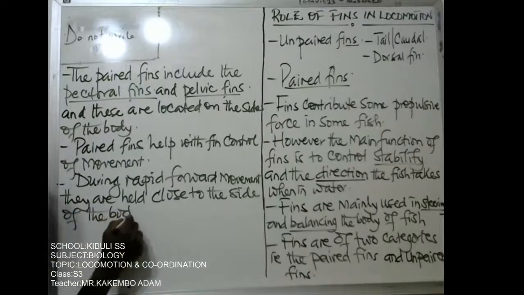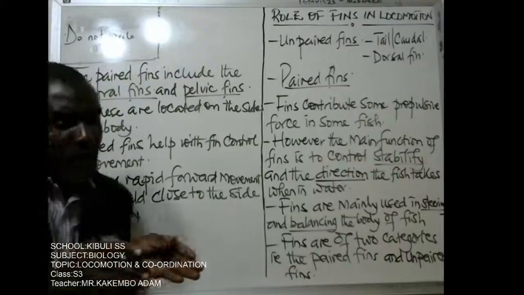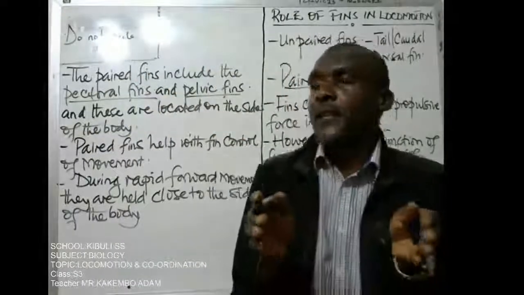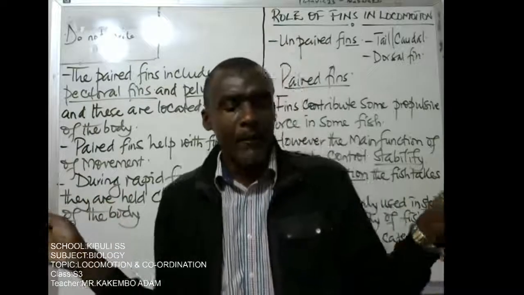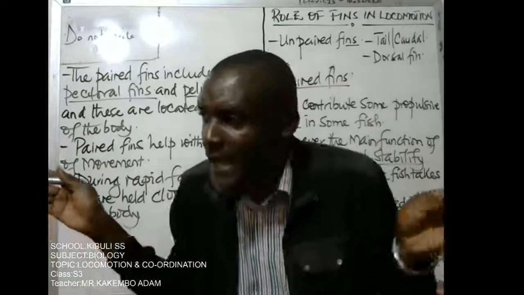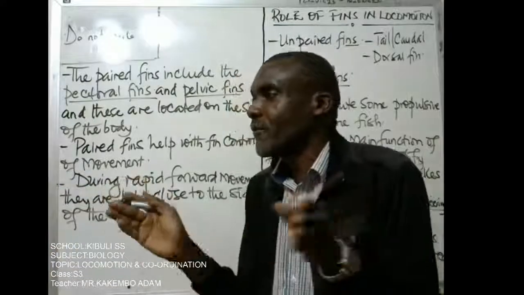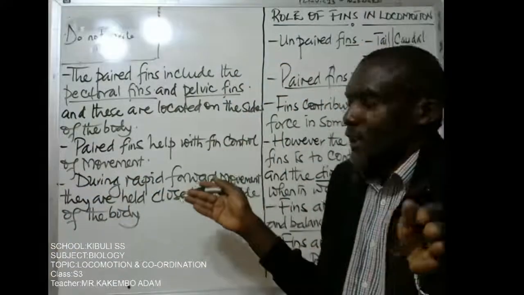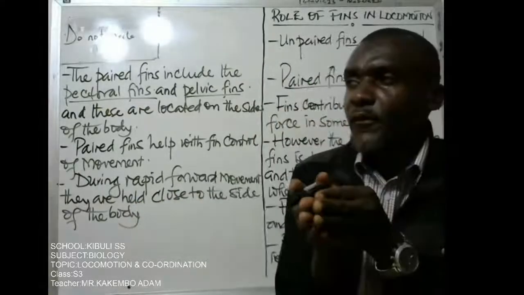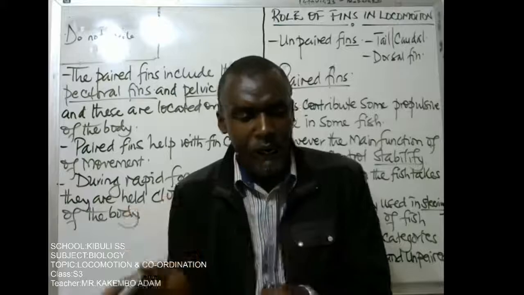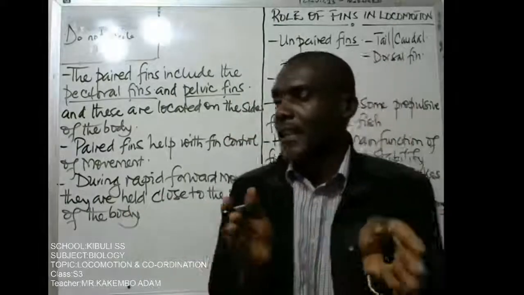So during rapid forward movements, the paired fins, that is the pectoral fins and the pelvic fins, are held close to the side of the body. They don't have to be open. You can easily open them or spread them, release them from the body. But when they are in fast motion, those paired fins are held close onto the body to avoid any kind of interruptions in movement or resistance against the water.